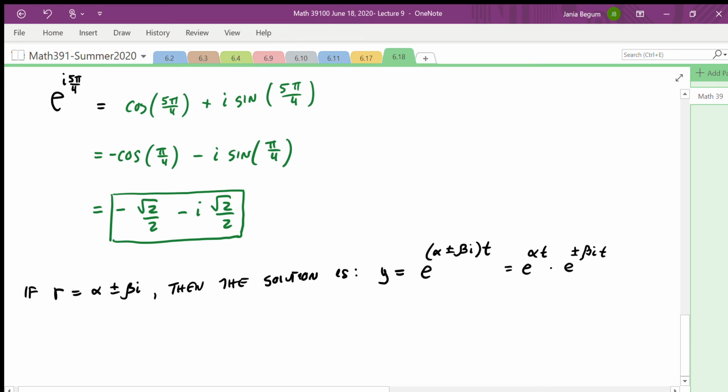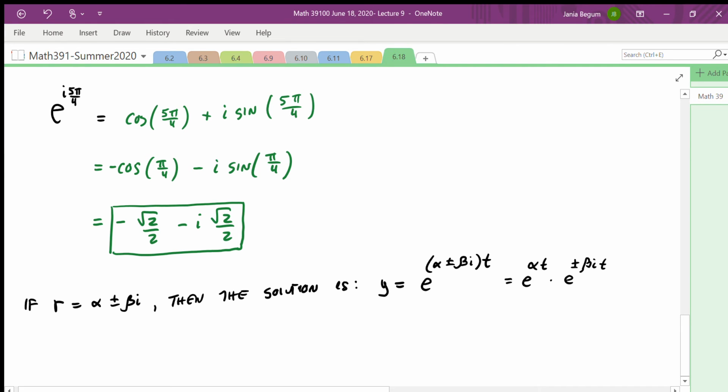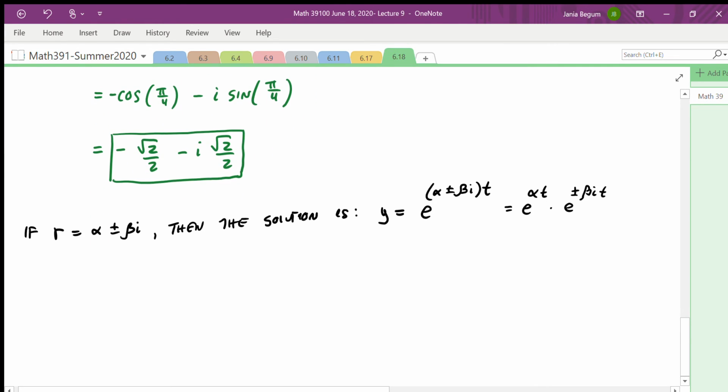And now, what is plus and minus beta i t? Well, that's when you're going to use Euler's formula, right? So this can be rewritten as e to the alpha t times cosine of, so I'm keeping plus and minus, but again, I'm going to modify this in the future, plus and minus beta t plus i sine of plus and minus.